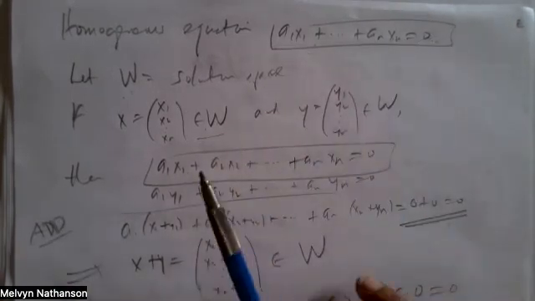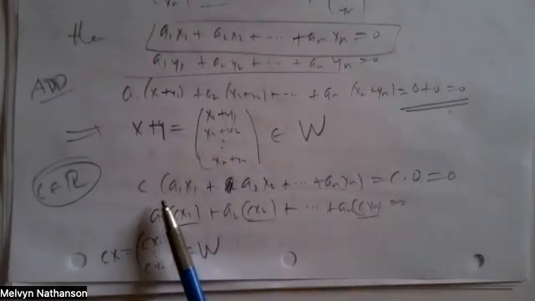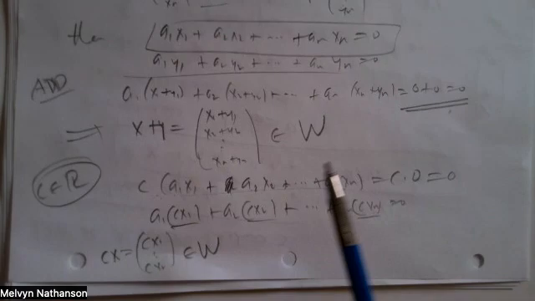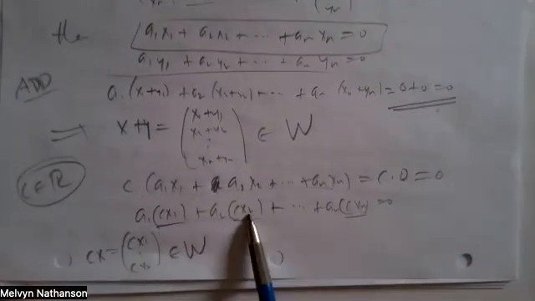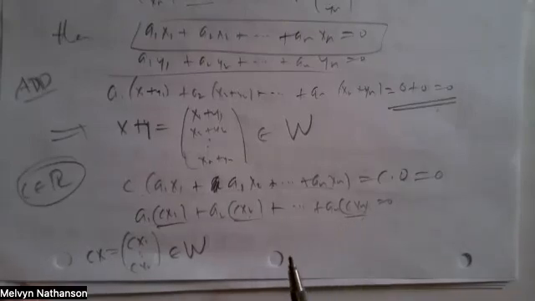If I take this relation and I multiply it by c, I get c times the left-hand side of the equation equals c times 0, which is 0. But if I distribute this number c across, I can write the equation like this. And now I have a vector that's a solution of the equation where the coordinates are cx1, cx2 up to cxn.